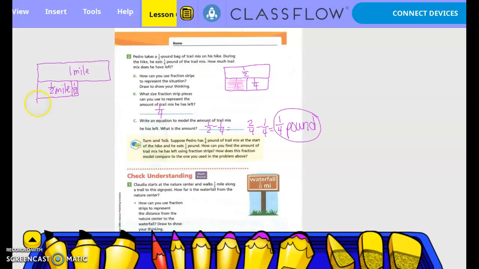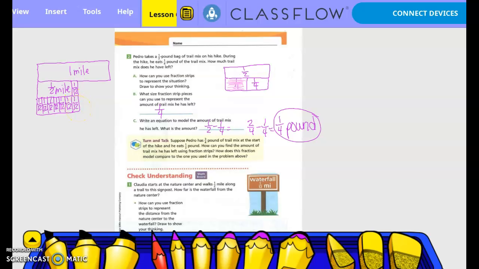Okay, so we need 6 little sections here, and these are 1/12. And then we still have this extra 1/12, right? Because that's how far it is to the signpost.